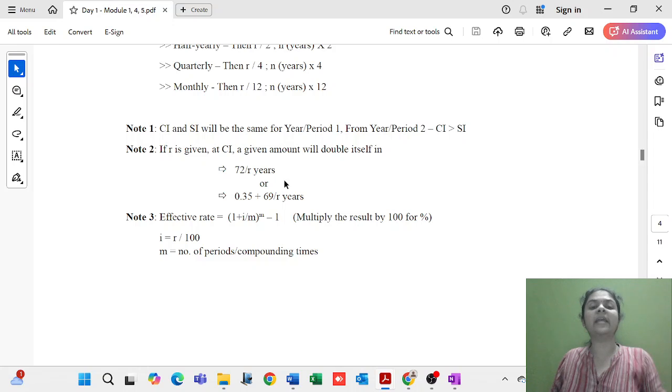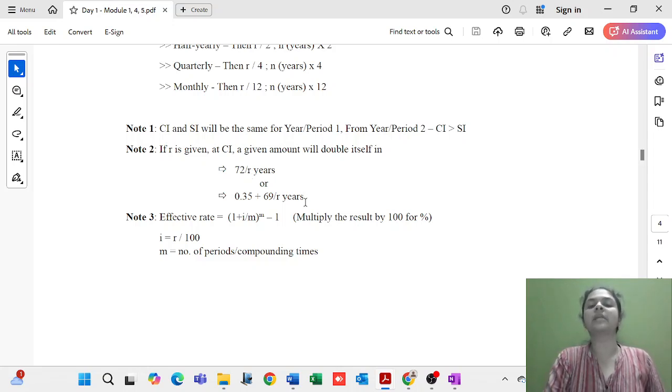So for the doubling rule, we can directly use 72 divided by rate of interest. So 5%, 72 by 5. See, I have not used I, I have used R. Since it is R, you need not do R by 100; don't do anything with the 100. Directly take that number and put it as it is. 72 by 5. Approximately you will get the period.